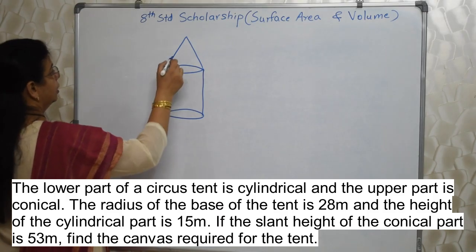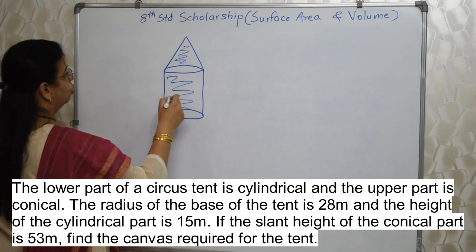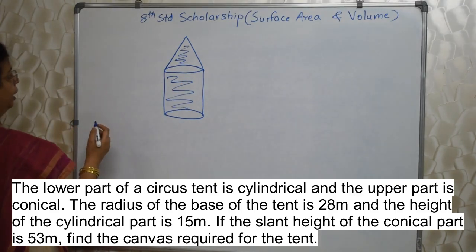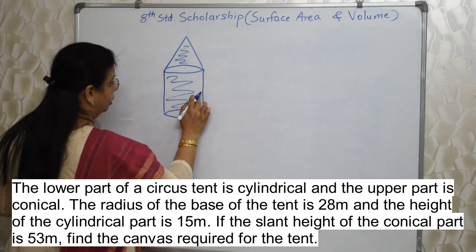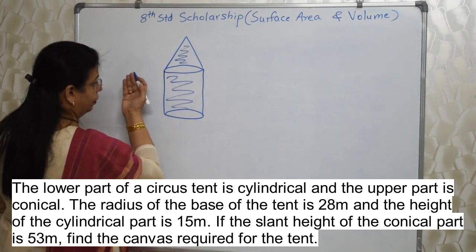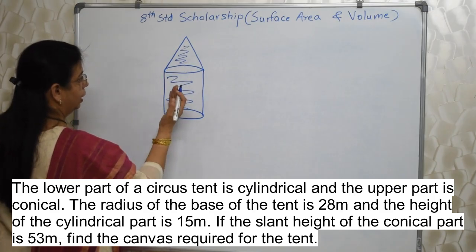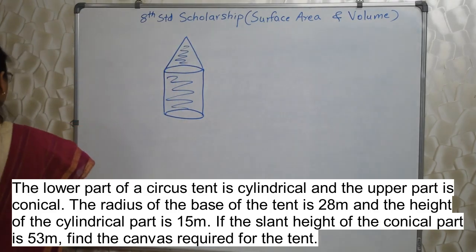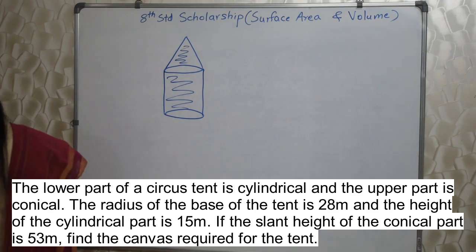So this is basically cylindrical and on top conical. They are asking us how much canvas, meaning material, will be used to build this. So basically we need to find out the curved surface area of the cylinder, only the curved surface area, and the curved surface area of the cone. So these two formulae we are expected to know.